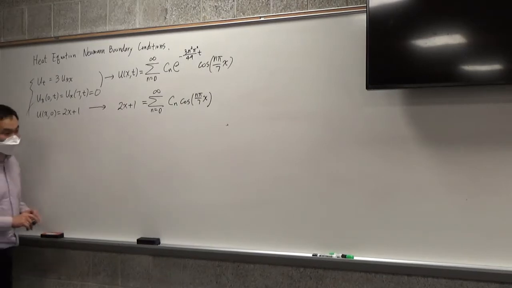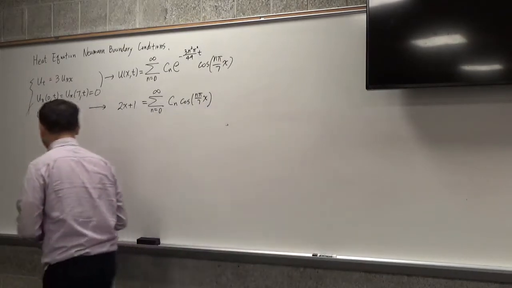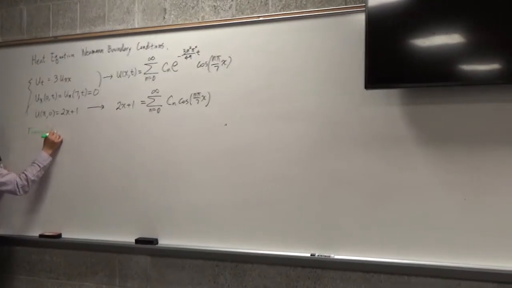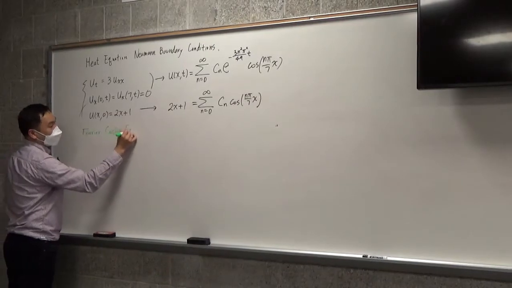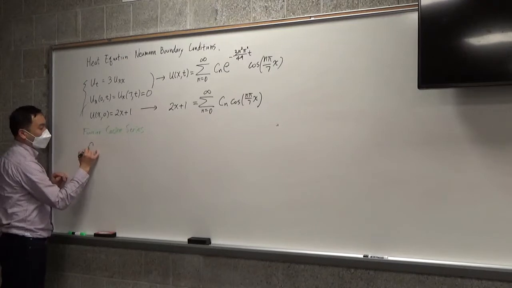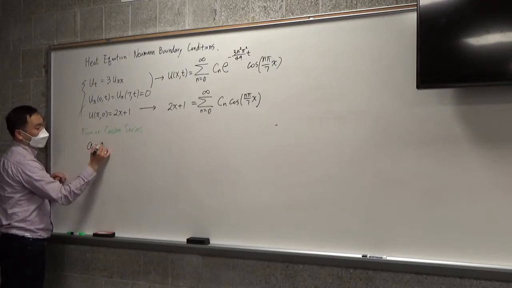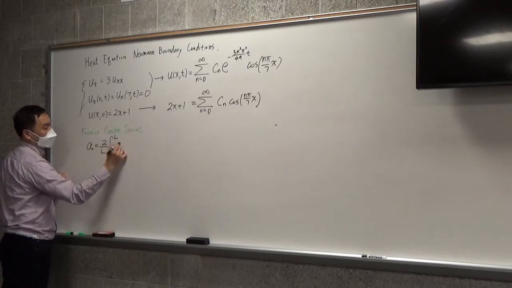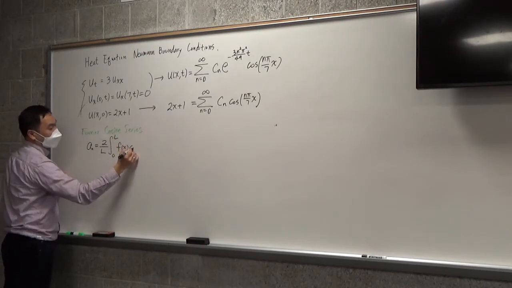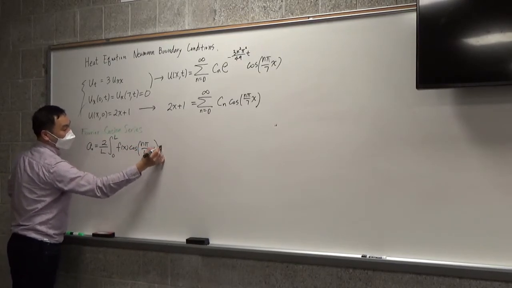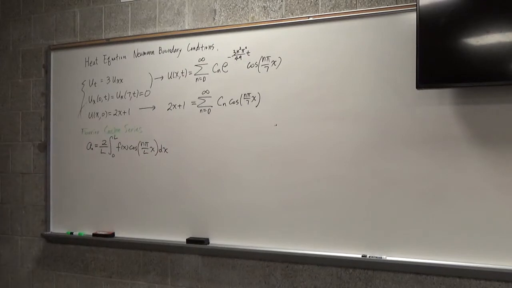So let me write down the Fourier cosine series formula. And it goes like this. You have an given by 2 over L integral from 0 to L of f(x) times cosine(n pi over L x) dx. And that's how you get the coefficients an.